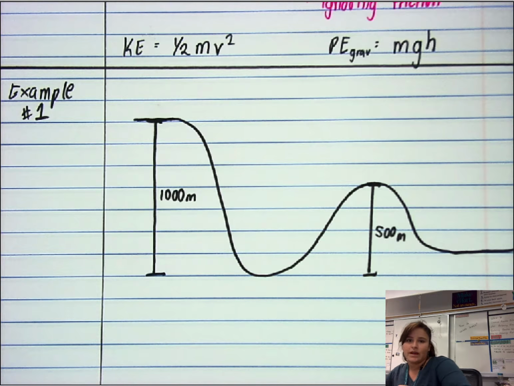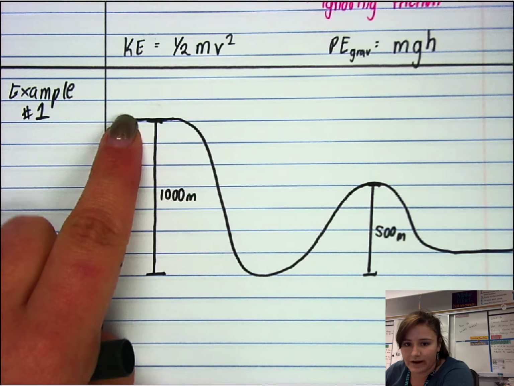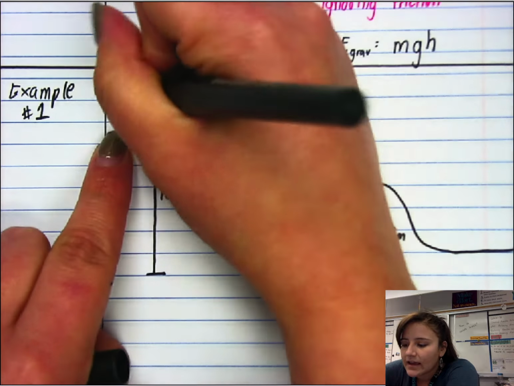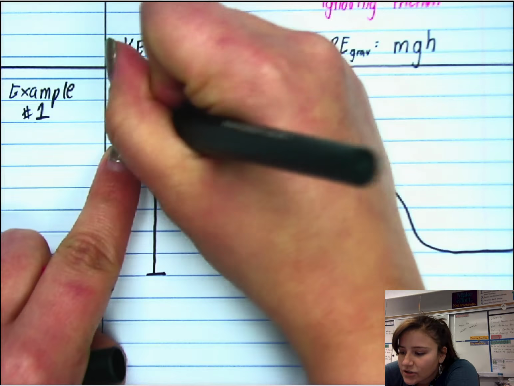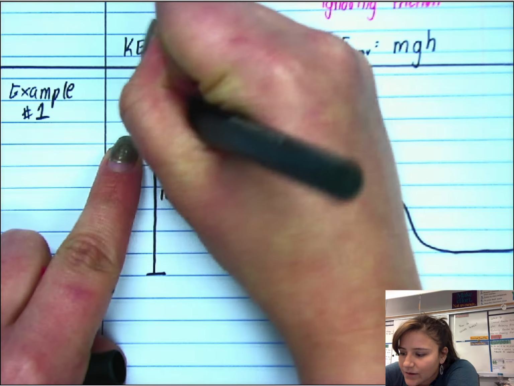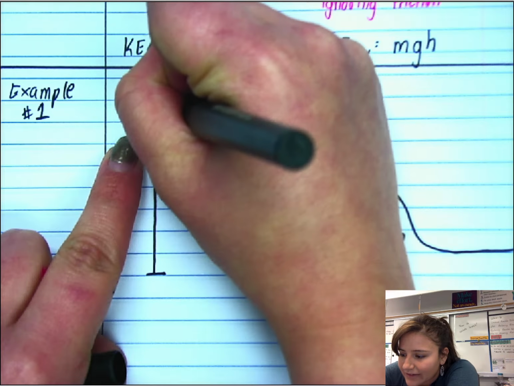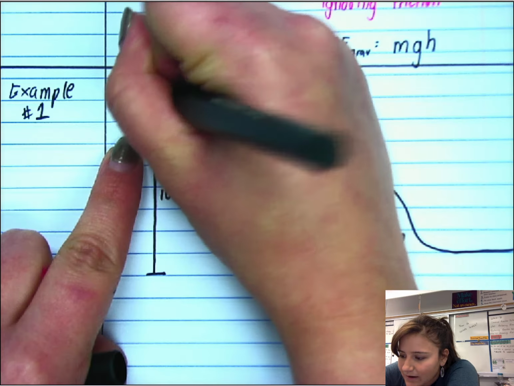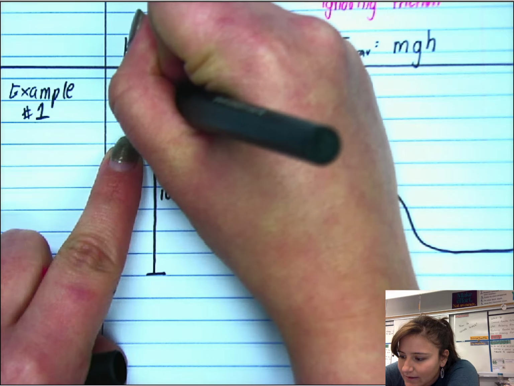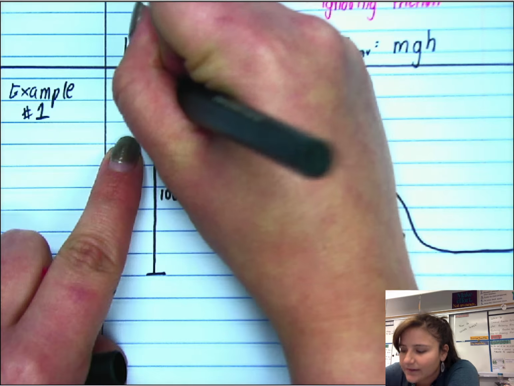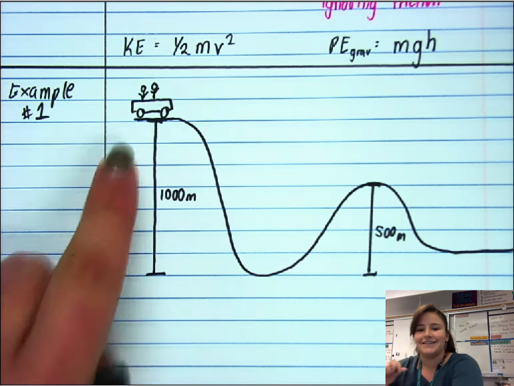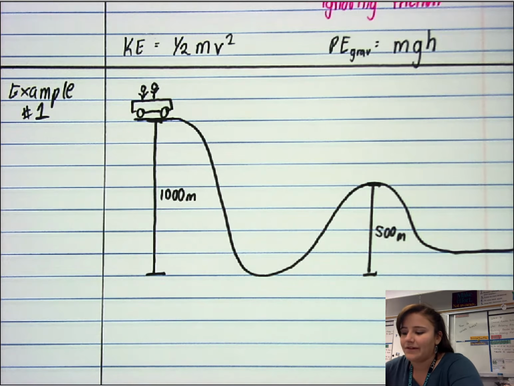So, at the top of the ramp, the car isn't moving. You always pause at the top of the ramp for dramatic effect. Okay, here's my car with my people in it. Don't make fun of my art skills. Okay? But at the top of the ramp, it only has potential energy.